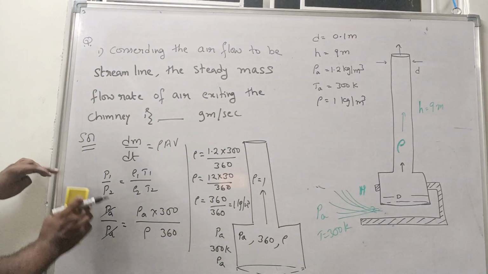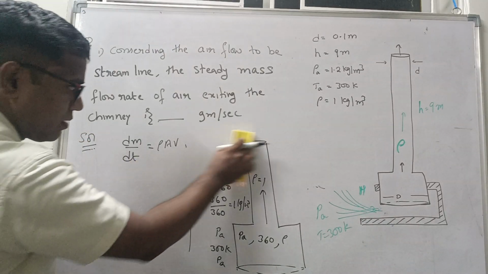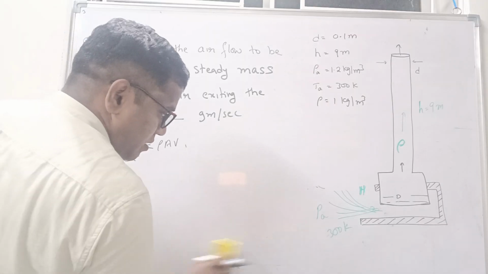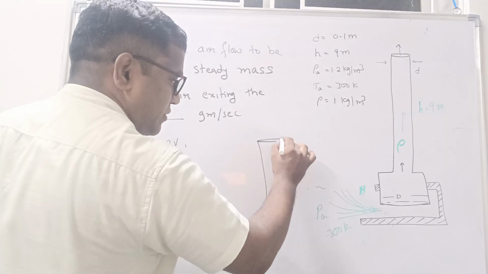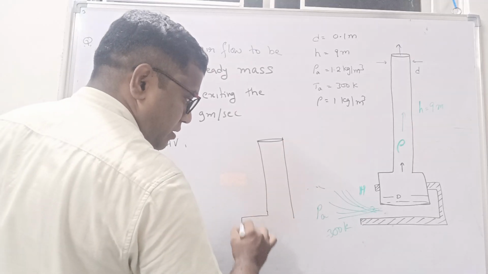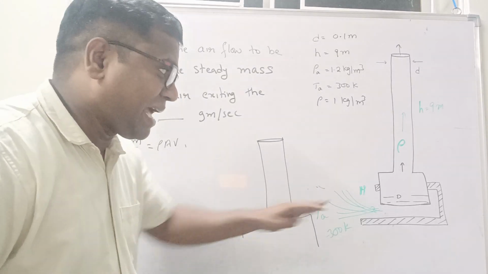Again, try to understand. Our target is to find dm by dt. Now consider this situation again. The tube is this one. We already calculated the values in this region.